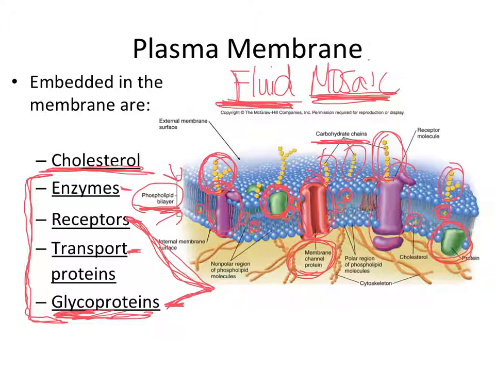So all of these different structures, cholesterol being a lipid, and then all of these proteins, enzymes, receptors, transport proteins, and glycoproteins, these determine cell-to-cell interactions and cell-to-chemical interactions, and that's how the cell membrane, the plasma membrane, can function in cellular activities. It's because of these proteins that are found embedded within that plasma membrane.